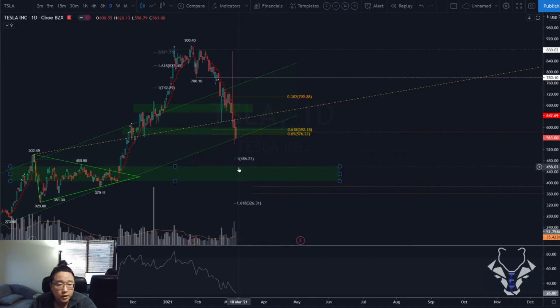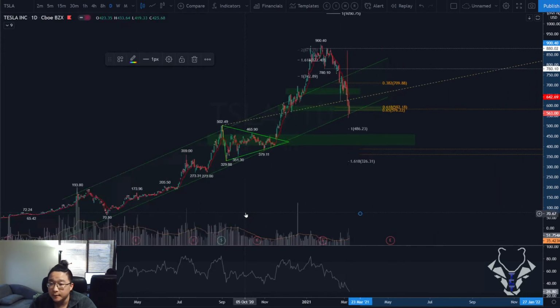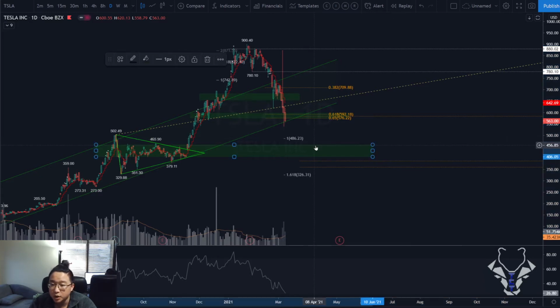It's very close to the key zone. It does line up with the 0.5 of the whole move since March 2020. So 486 would make sense, but ideally want a touch of this key zone at the high end of 460-ish.